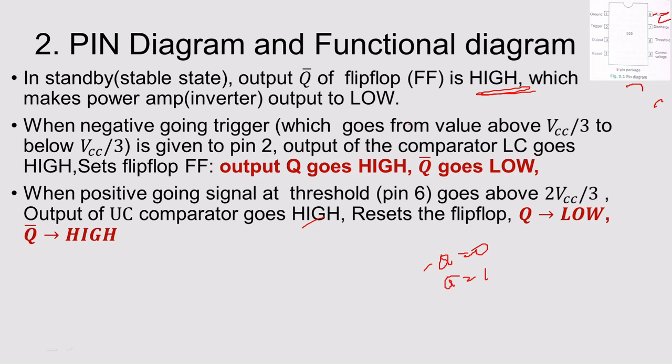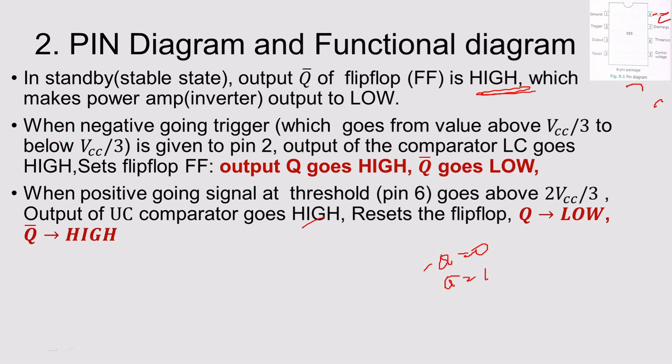Then you have a lower comparator and an upper comparator. In the upper comparator, you have the threshold pin and 2 by 3 VCC. If the sixth pin is greater than 2 by 3 VCC, what happens? You will have a logic of 1.